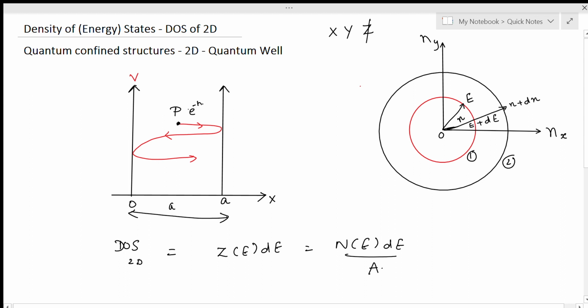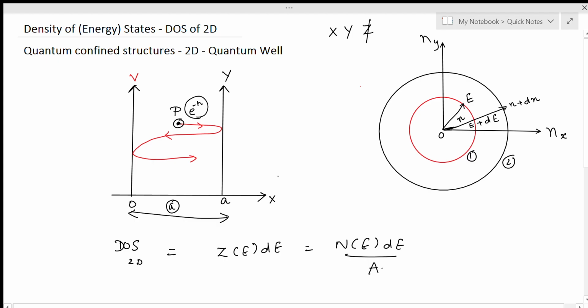So here consider a particle like an electron which is freely moving in this two-dimensional structure. Let a be the length of the box, or we can consider that as the width of the box, and the Y dimension is also considered.